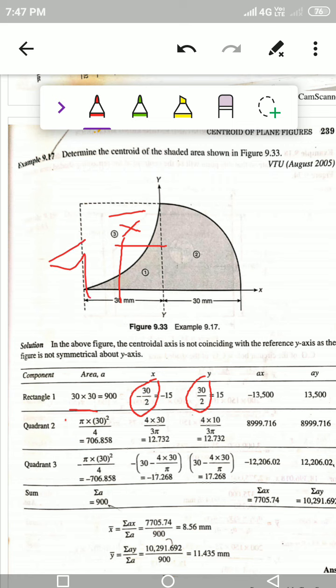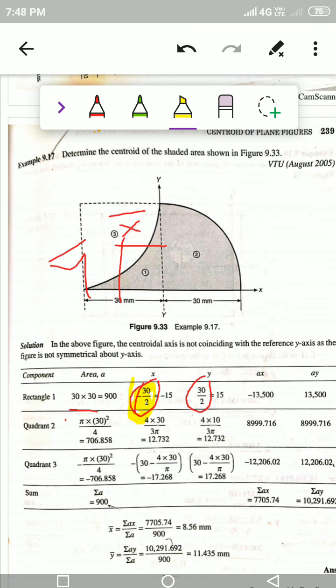Here you observe that the x bar value has a negative sign. Why? Because the x bar you are measuring is on the left side of the y axis. While explaining the steps to solve centroid problems, I explained that if the centroidal value is on the left side of the y axis, then the value is negative.